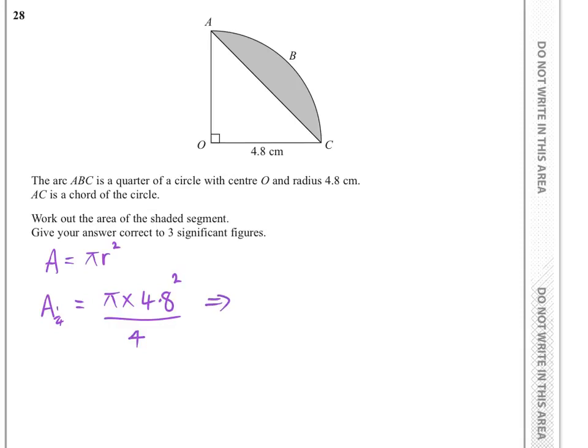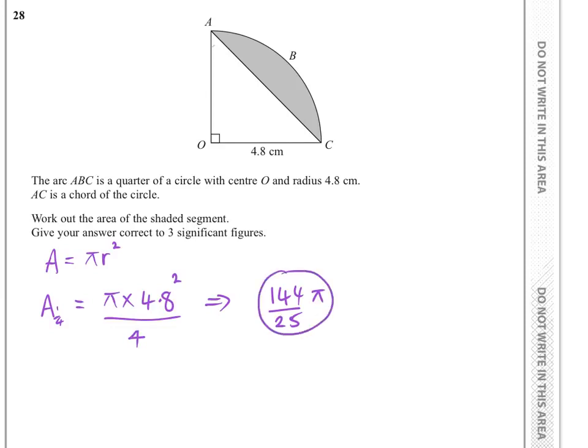So I'm going to put that in, and I get 4.8 squared times pi, and then I'm going to divide the answer by 4, and my calculator says 144/25 of pi, which I could decimalize later if I want to.